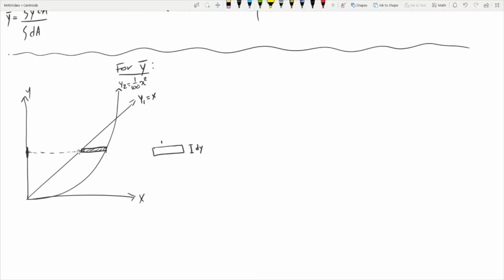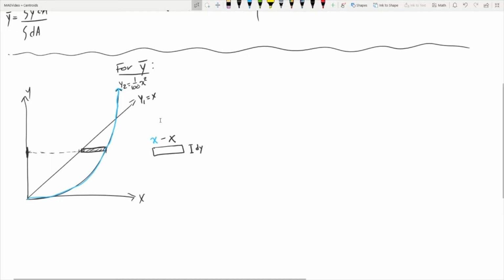So let me redraw this. If this is blue, and that's black, what it's going to be here is the blue x minus the black x length.